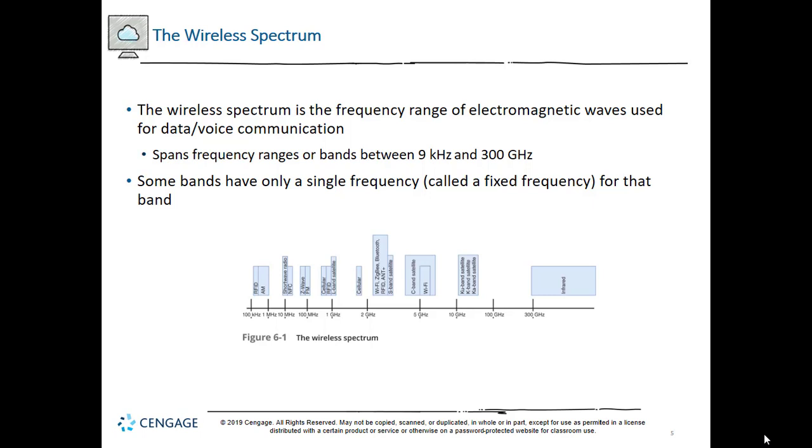If you're looking at that graphic there, it shows you the frequency ranges from low to high used by wireless technologies. Notice in the table that several of the bands cover a frequency range that is further subdivided into channels. Some bands have only a single frequency, which is called a fixed frequency for the band.